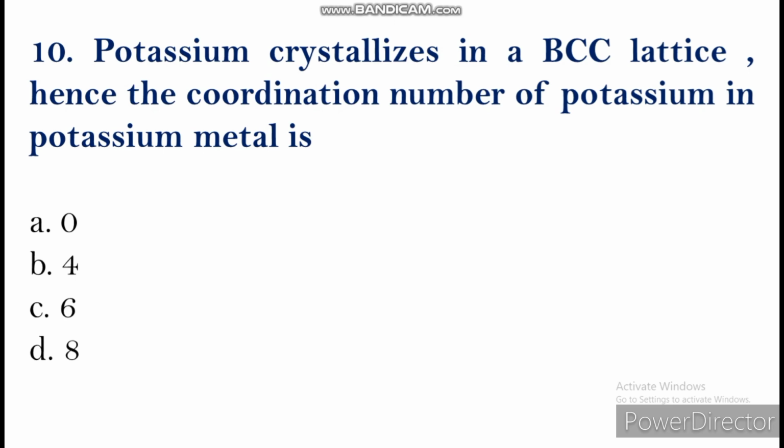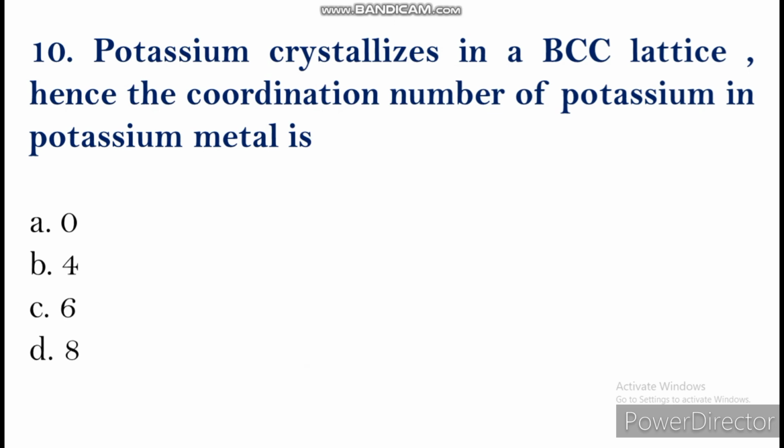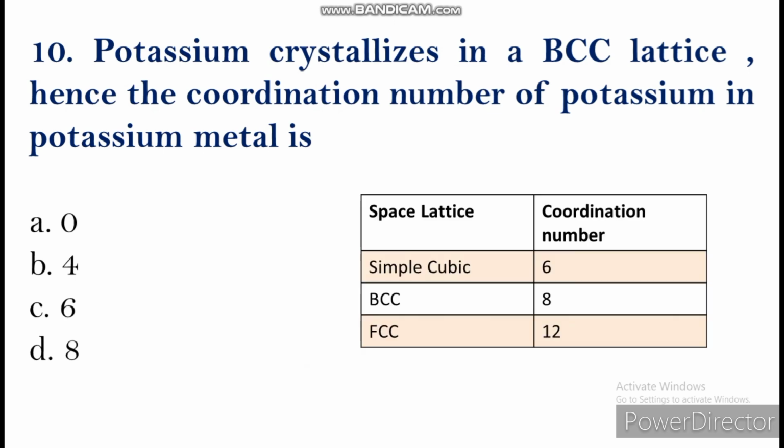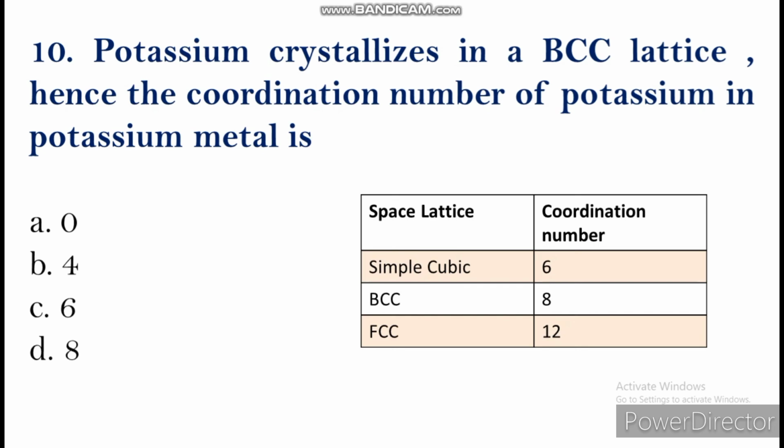Let's see the 10th one. Potassium crystallizes in a BCC lattice. Hence, the coordination number of potassium in potassium metal is. They have asked the coordination number. Now they have given a BCC lattice. Look into this table. Here they are given the space lattice and coordination number. If the space lattice is simple cubic, the coordination number is 6.